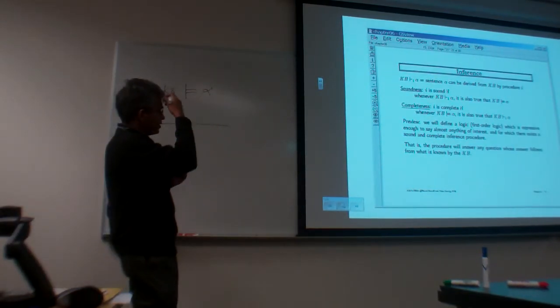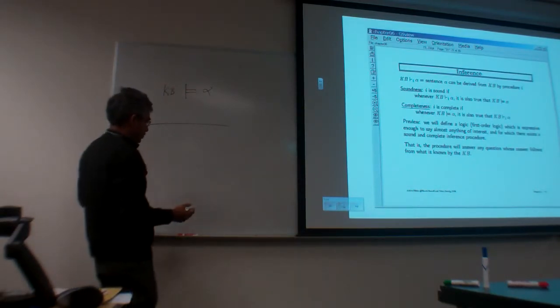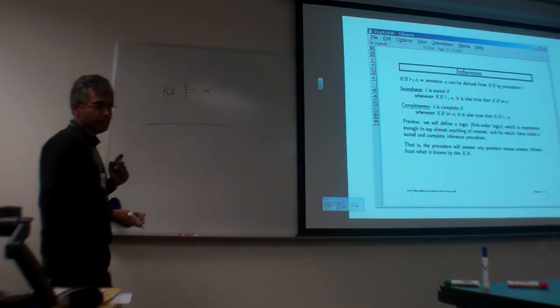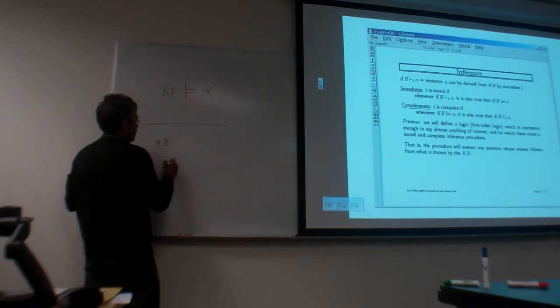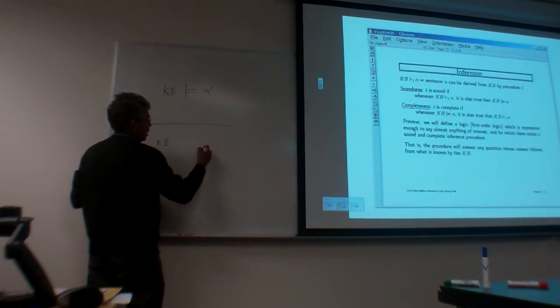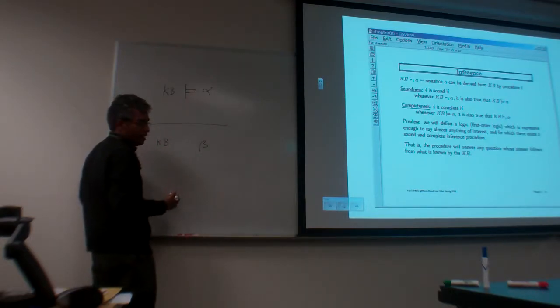What we want to do next is consider using some shortcuts, for example things like modus ponens, as we'll see in a minute, where you syntactically look at the form of the knowledge base and write some additional sentences that you think are true given what is true in the knowledge base.